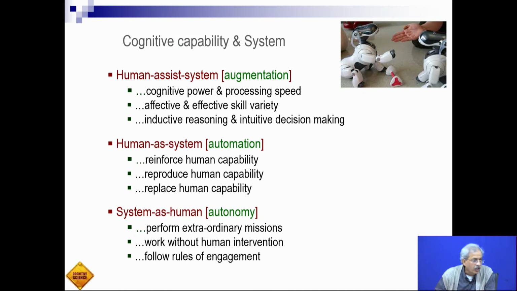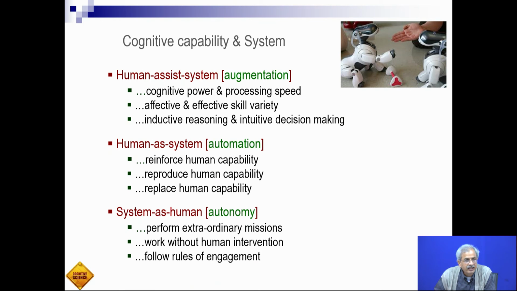With a lot of automation we would like to reinforce human capability, reproduce human capability, and replace human capability. If we can do that through automation, we would like to enhance our level to what we call system as a human. So: human assist system, human as system, and system as human, which you call complete autonomy.